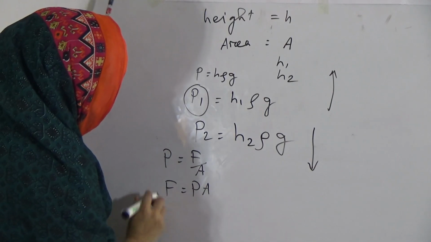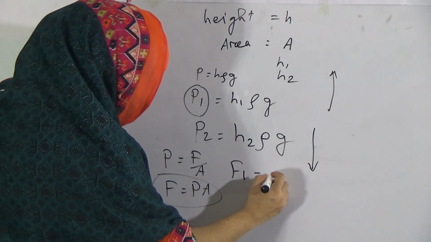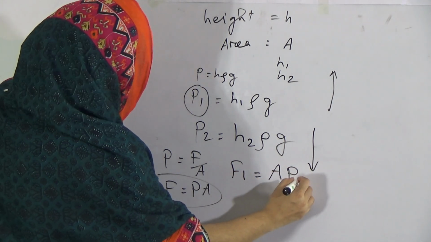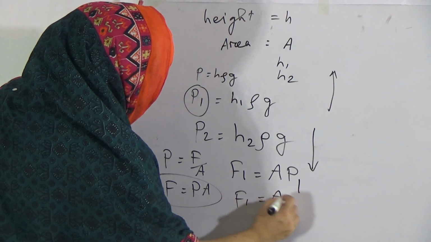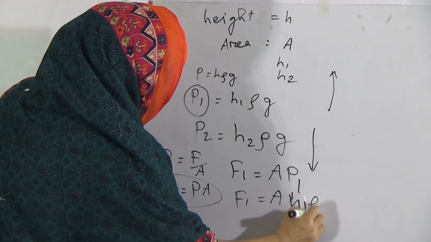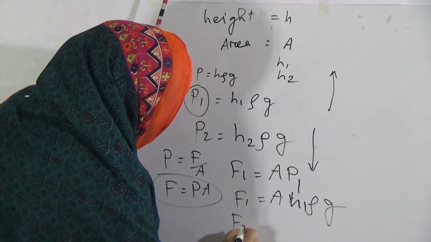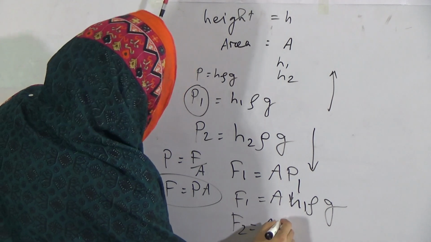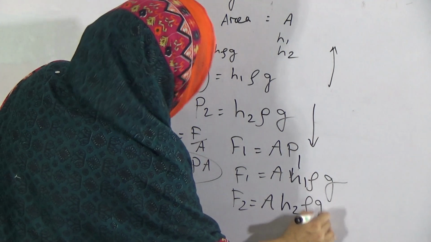By using this formula we can write F1 equals A P1. Now put the value: F1 equals A into P1, that means A h1 rho g, and F2 equals A h2 rho g.